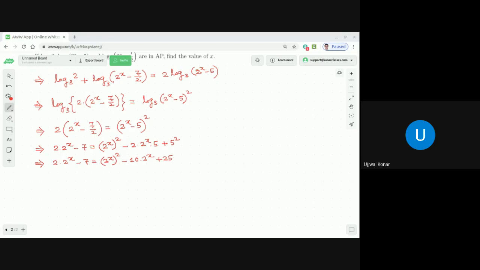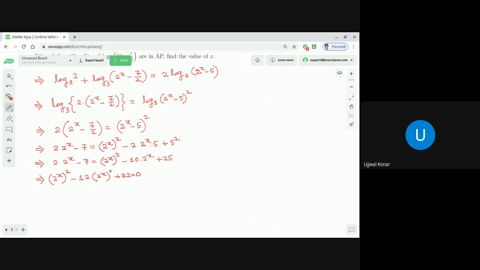So from here we can write 2 to the power x whole square minus 12 into 2 to the power x plus 32 is equal to 0. Correct or not? Absolutely clear, dear students.